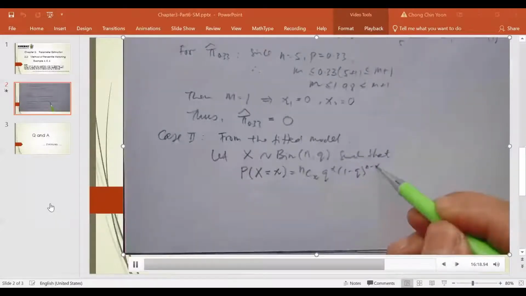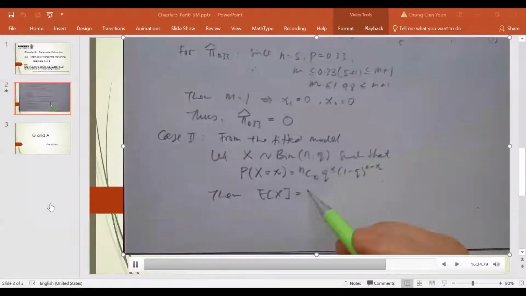Then the expected value of this binomial distribution equals nq. Let this be my second equation.